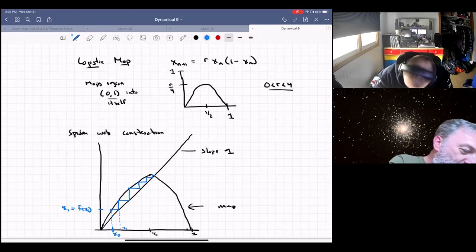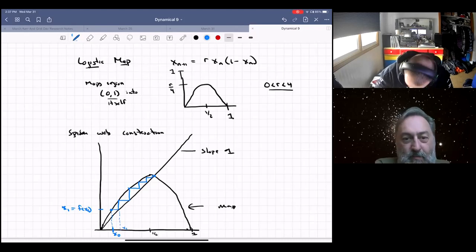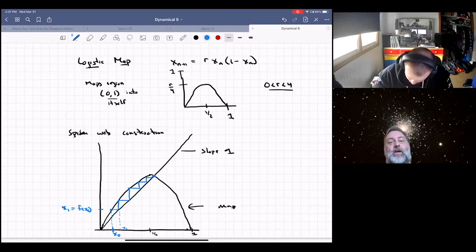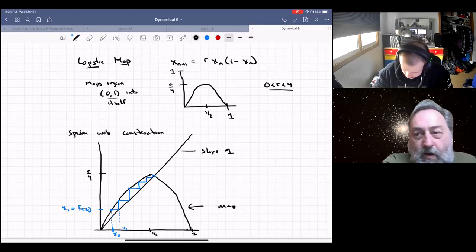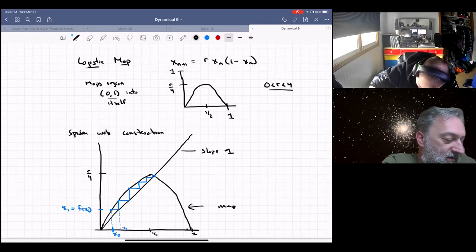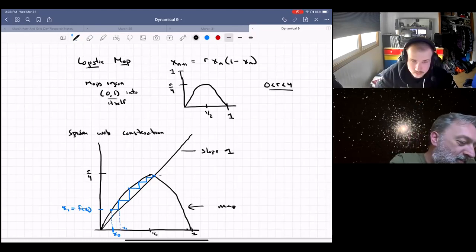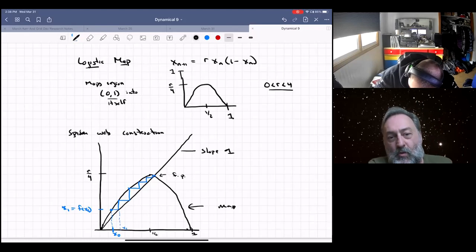Now my line is a little bit past, so I'm going to come down here and end up in here. Remember, the height of the map is r over 4. At the r value that I picked, there's a fixed point, it looks like, over here somewhere. So I end up at a fixed point. What happens is my map drives me towards that fixed point.